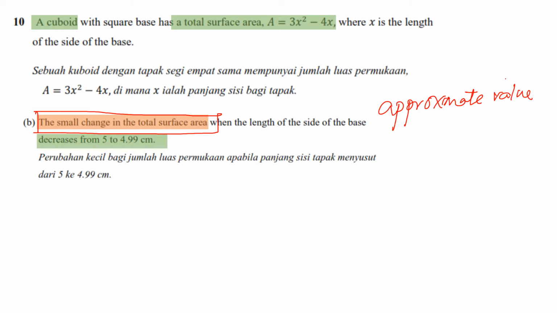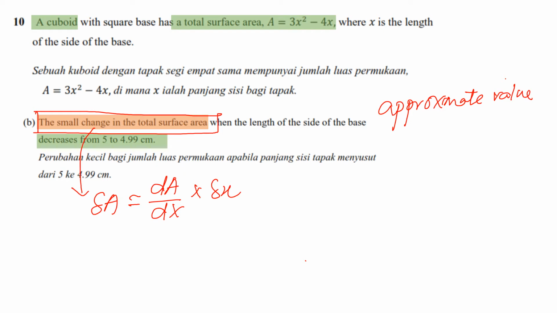What are the differences between them? As you know, small change is written as del A approximately dA over dx times del x. Del A, the small change in the total surface area, you get from dA/dx multiplied with del x.